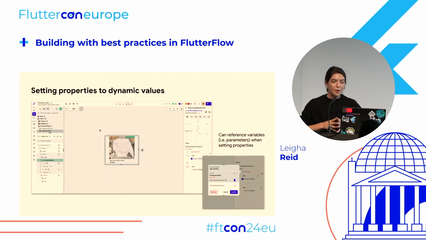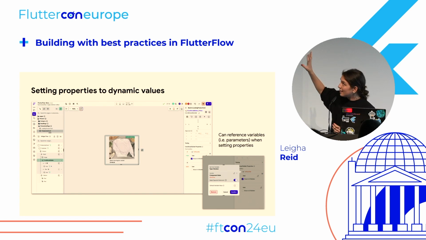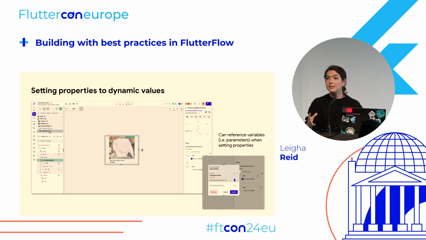Cool. So beyond just creating parameters, within components, I still have my widget tree, just like if I'm working in a page, and I still set the configuration of that widget on this right-hand side panel. Now, these can be set to theme constants, like I mentioned before, or literal values, like strings or numbers, but they can also be dynamically generated.